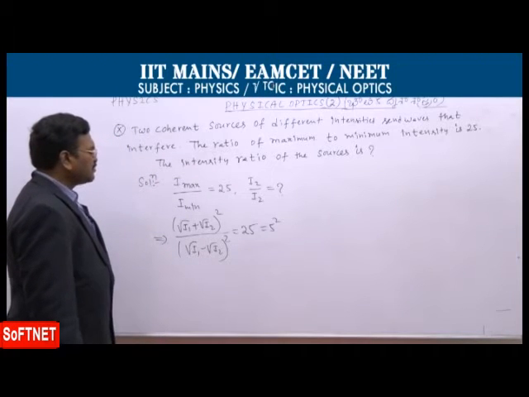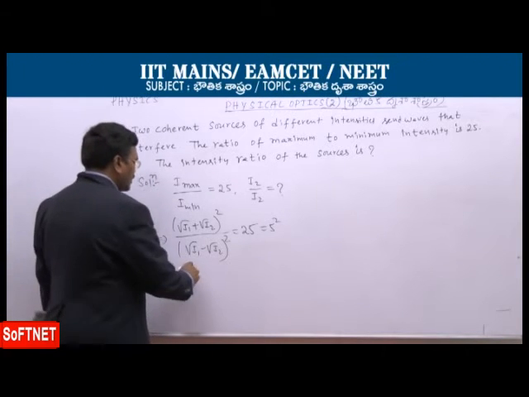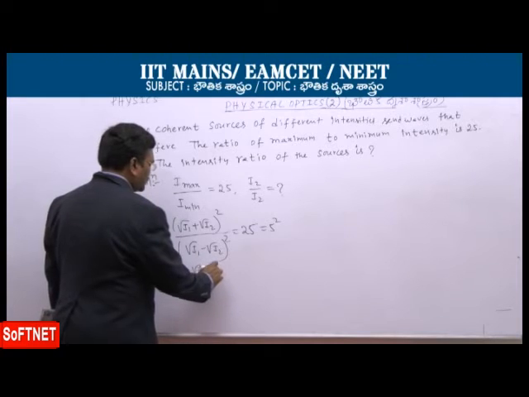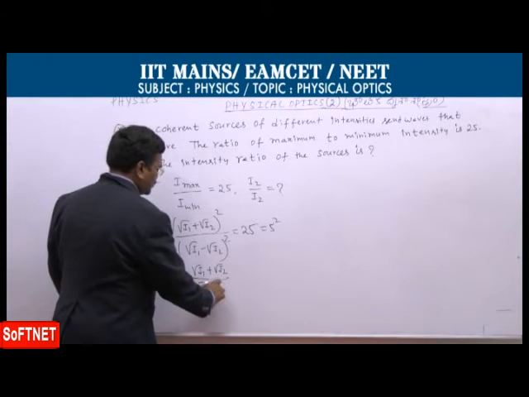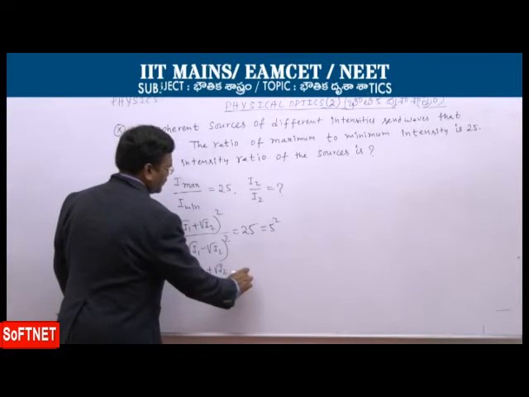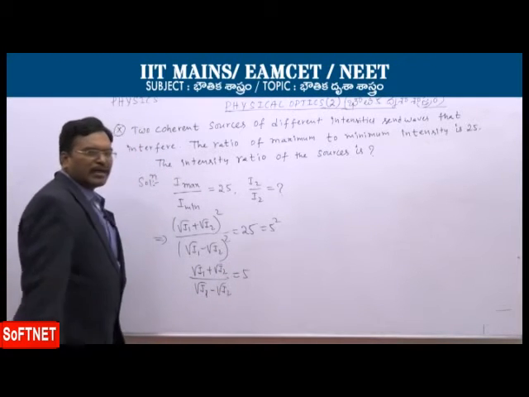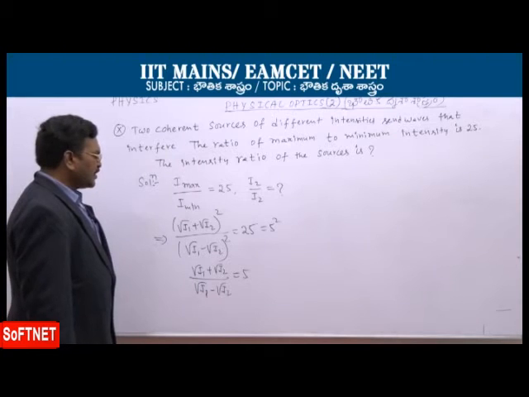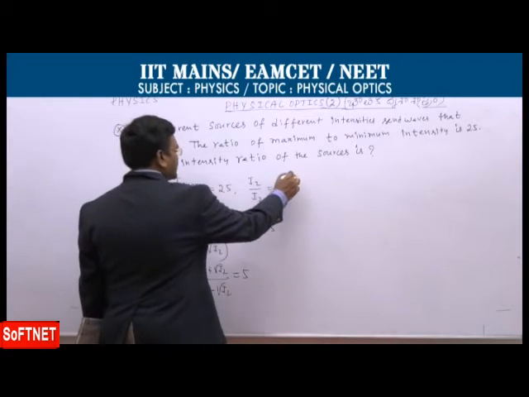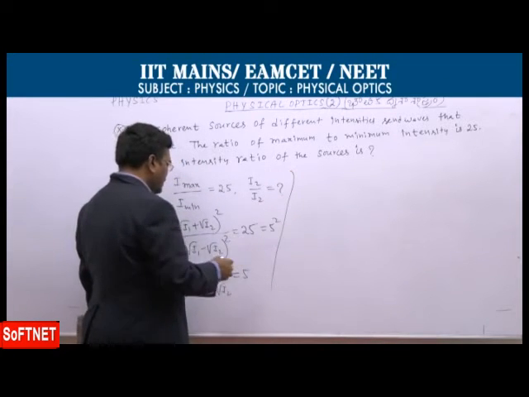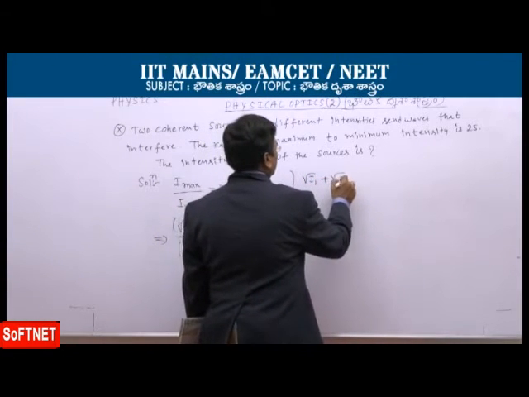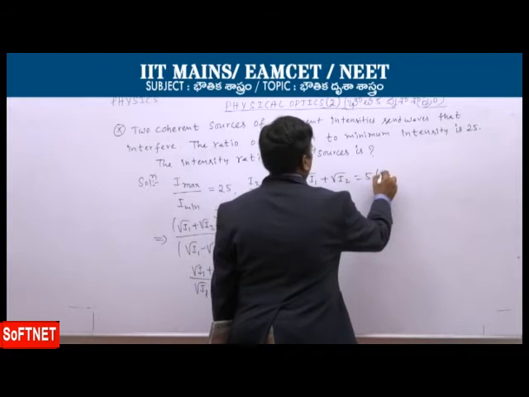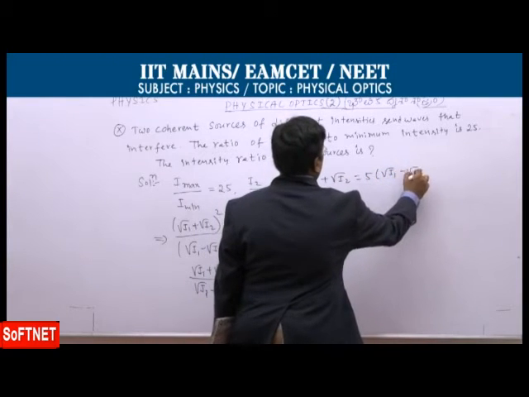Take square root on both sides. What are we getting now? Root I1 plus root I2 by root I1 minus root I2 is equal to 5. From this, we do cross multiplication. Root I1 plus root I2 is equal to 5 into root I1 minus root I2.